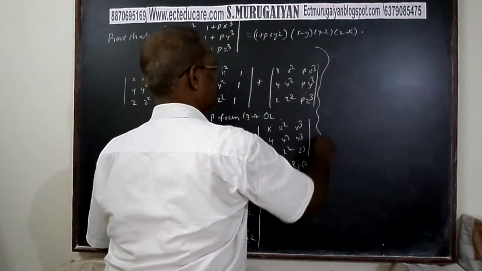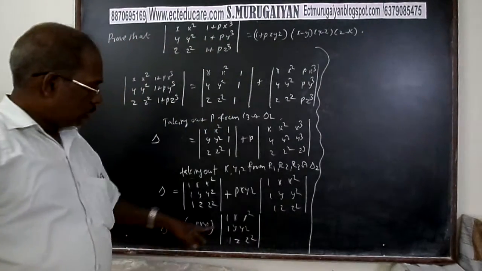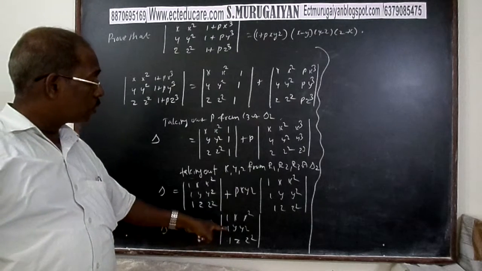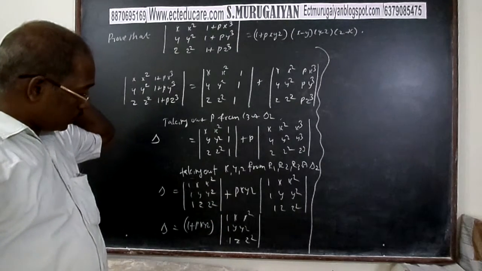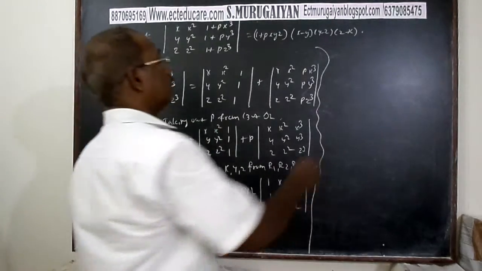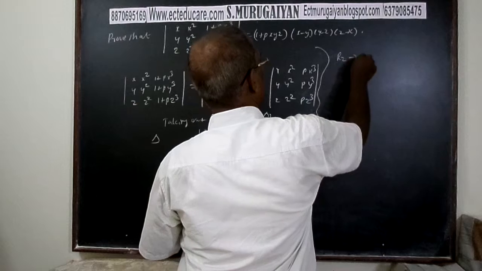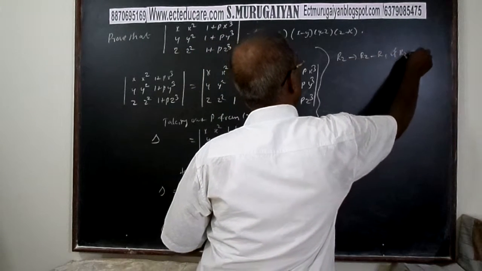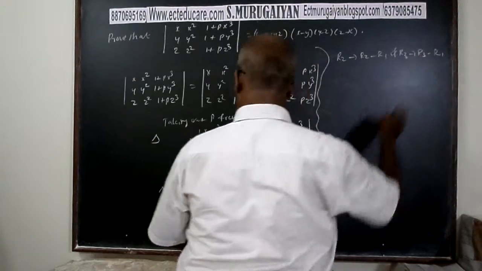Now we have got a unit column, so better to convert two units into 0 using properties on R2 as well as R3. Now we can write R2 as R2 minus R1 and R3 as R3 minus R1.